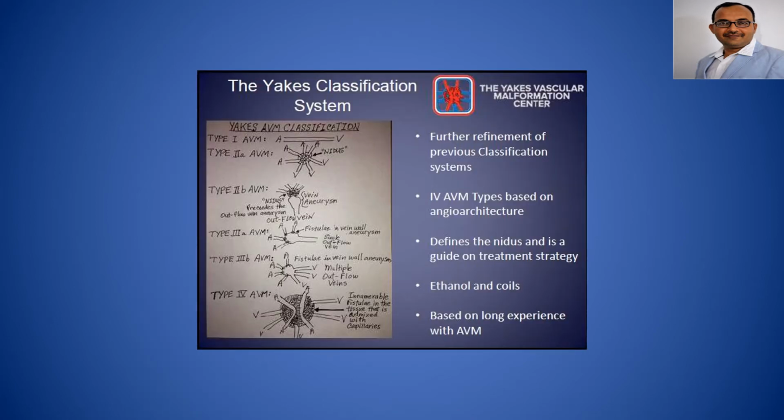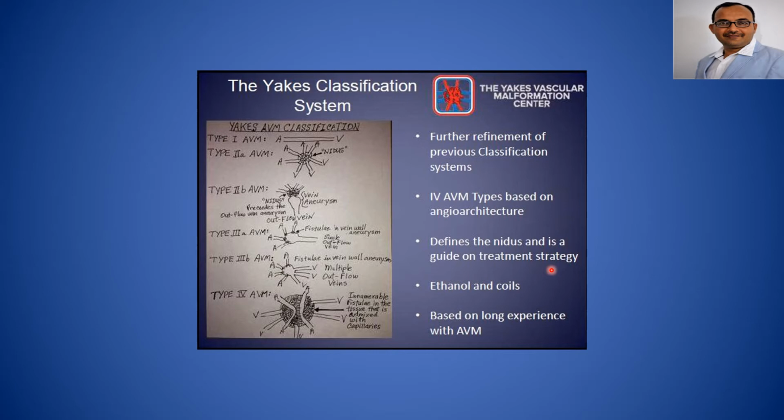Now for treating any kind of malformation, it is very important to define the nidus. Nidus is an area within the AV malformation which carries embryological cells, and it has a very high potential for growth.